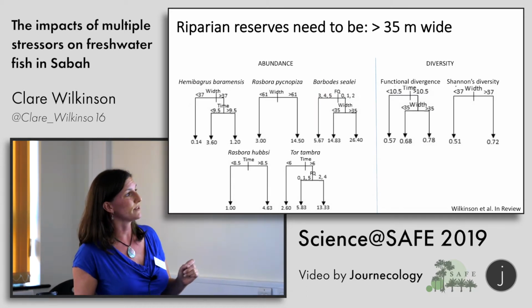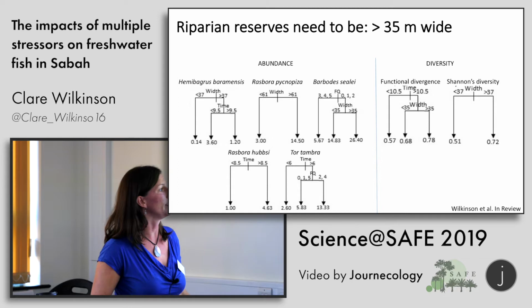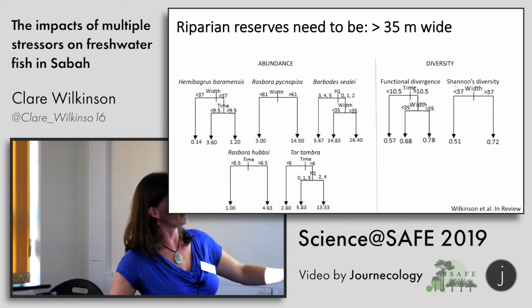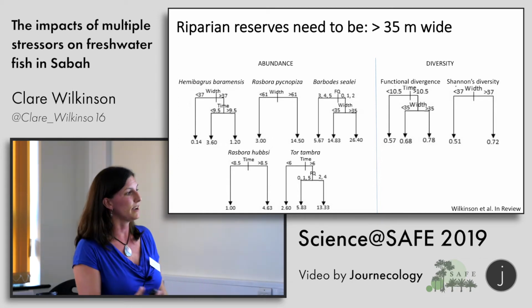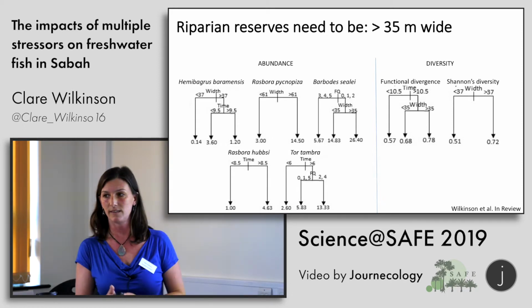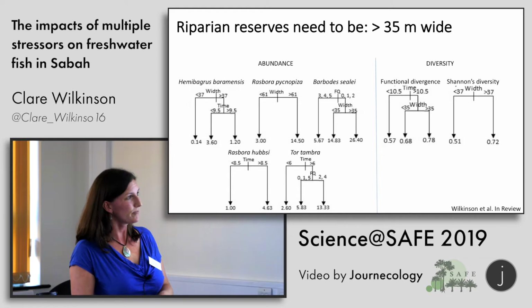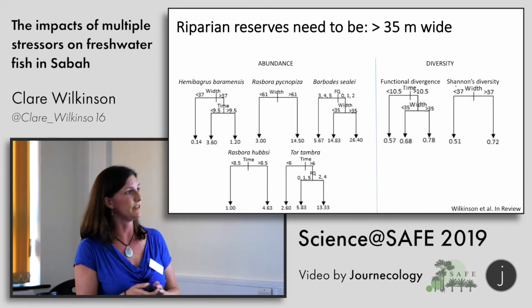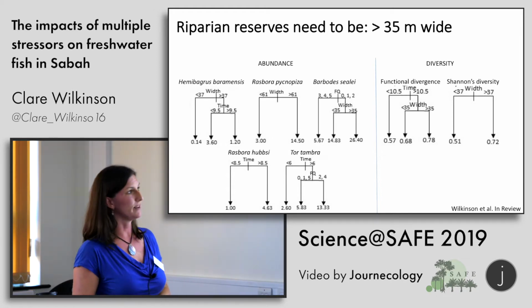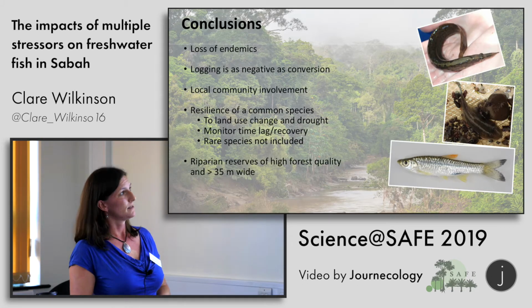So with streams of more than 35 meters wide, you had higher abundances of different species, and with more than 6 years since disturbance, you also seem to have higher abundances. So there's definitely something we need to look into further, and the mechanisms behind that as well.